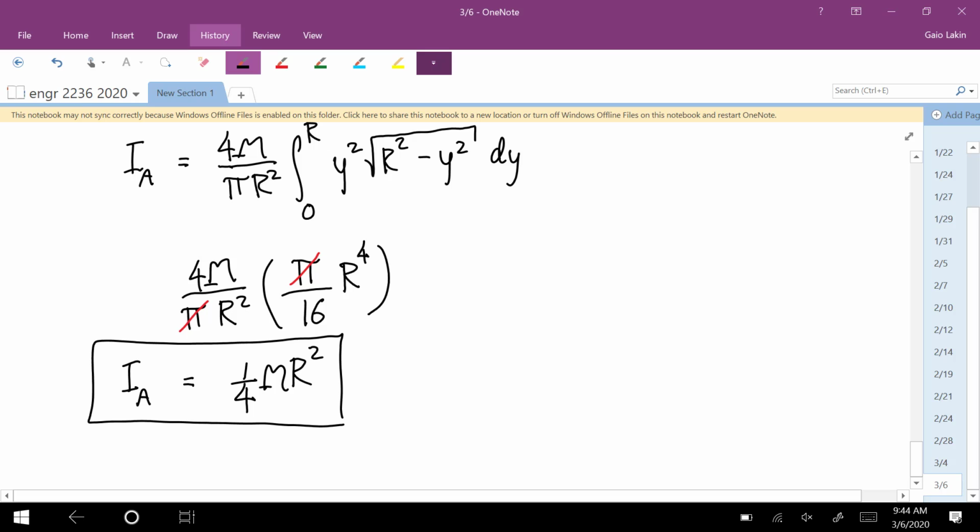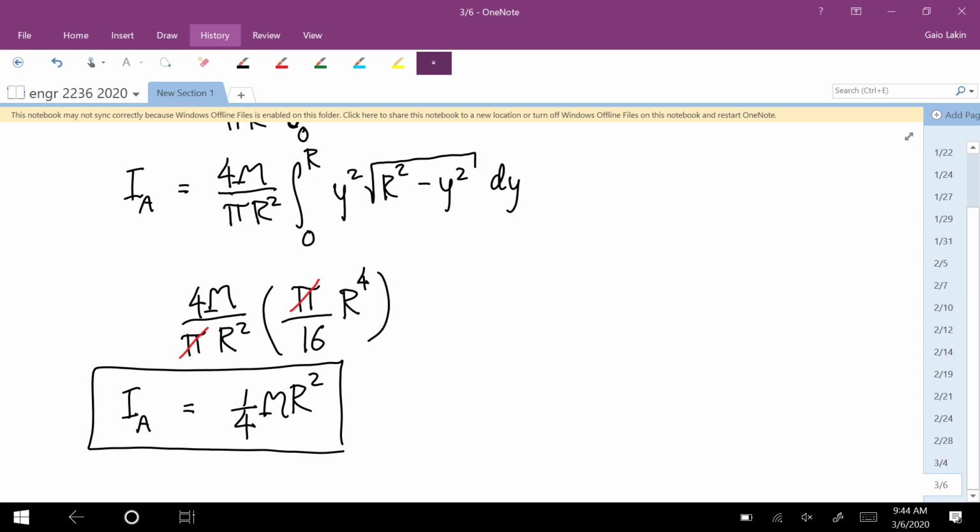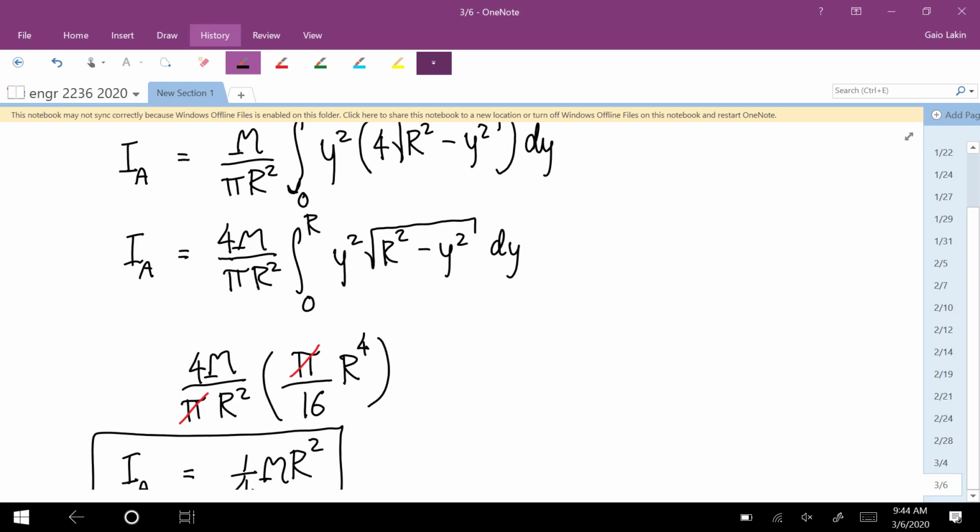So for the disk that's rotating like a wheel, like a blade, it's 1/2 mr squared. When it's rotating like a paddle, it's a little easier to get rotating actually. It's 1/4 mr squared. And this integral is left as an exercise.